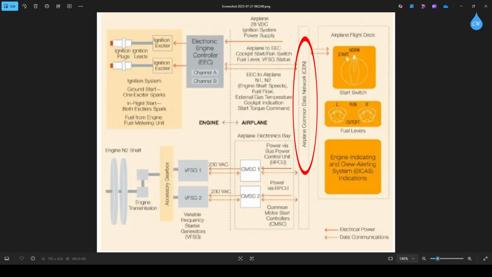And on this part, it says Airplane 28 volts DC, ignition system, power supply, airplane to EEC, cockpit, start, run, switch, fuel lever. So I think this image is pretty much saying that the fuel levers or fuel control switches control the engines via this network, and the EEC is the one in charge of opening and closing valves. This is what I understand from this image.